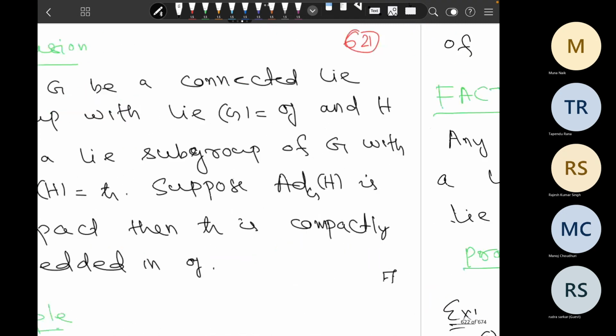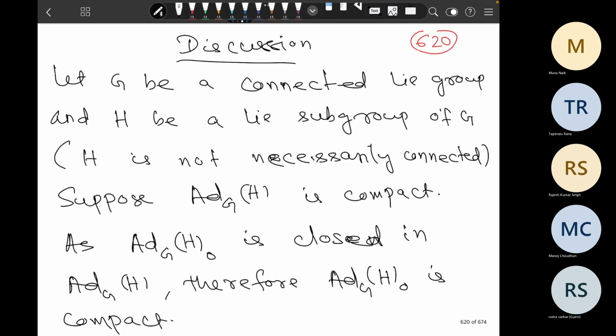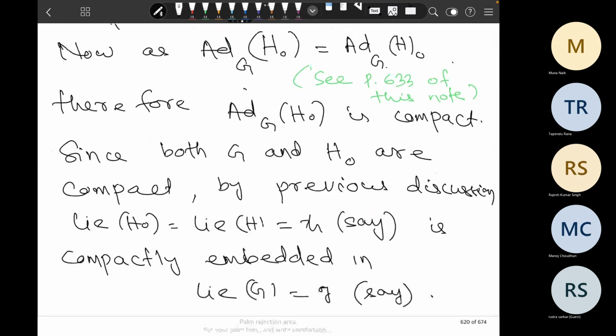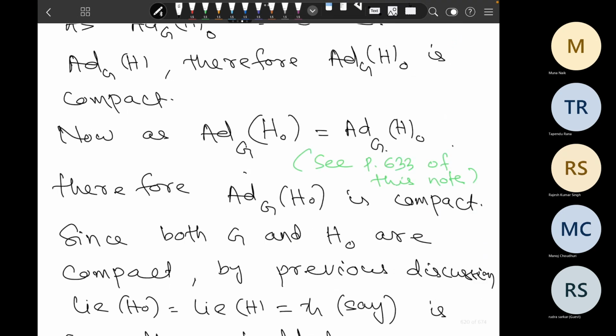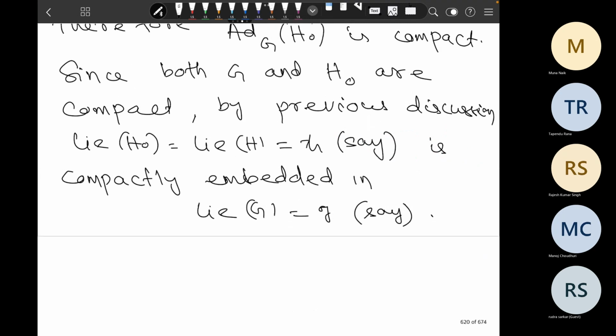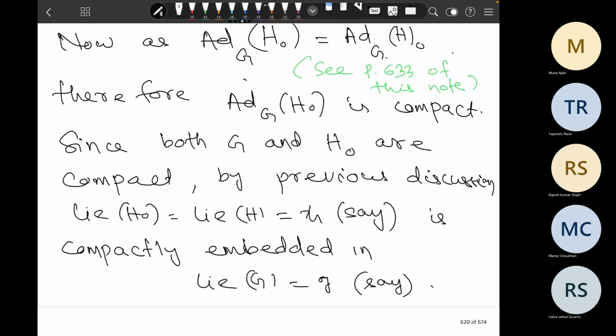See, the thing is, if H is not necessarily closed or connected, look at page 620. There I have shown that K, that is h, is compactly embedded in g. In page 620, if you are not able to follow, then tell me. You look at the recording actually. Is there any question?